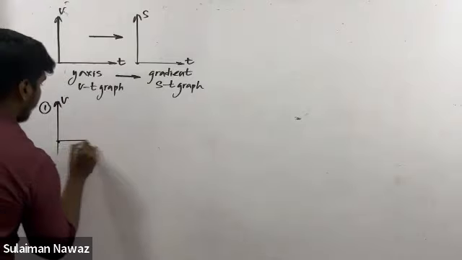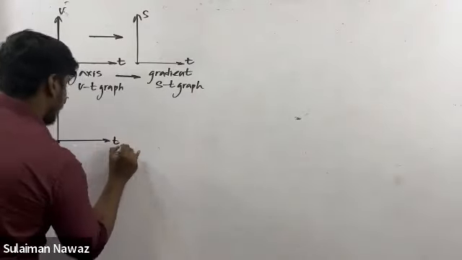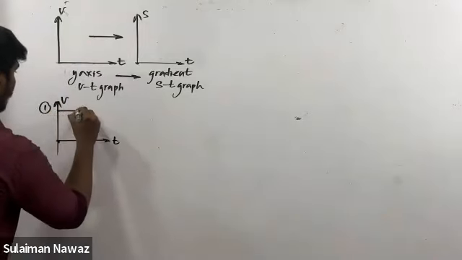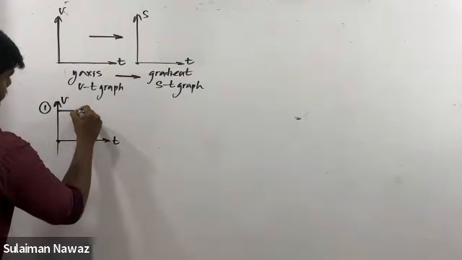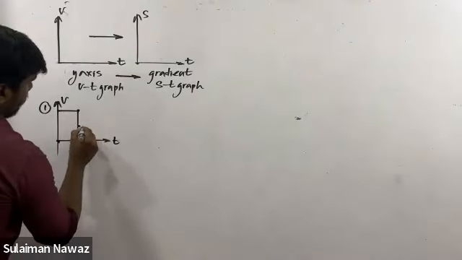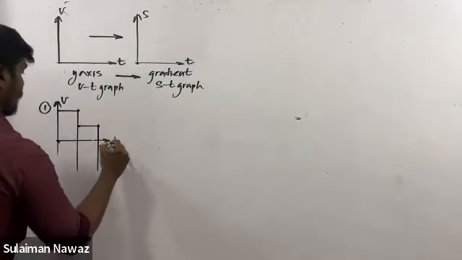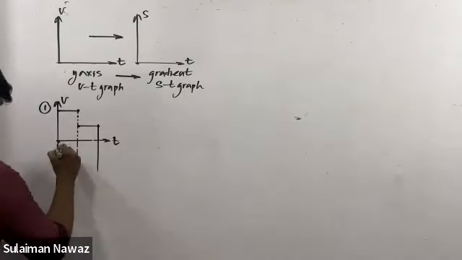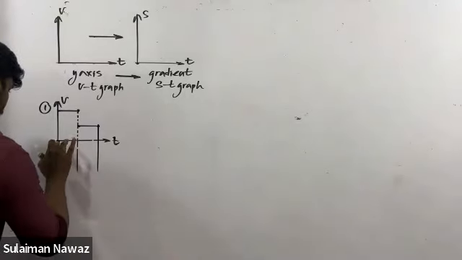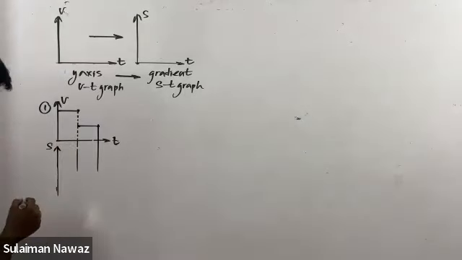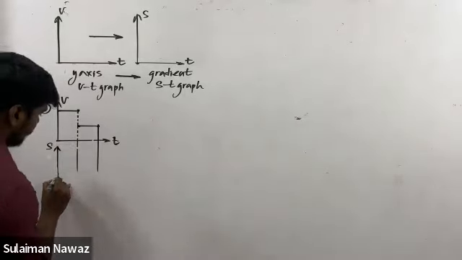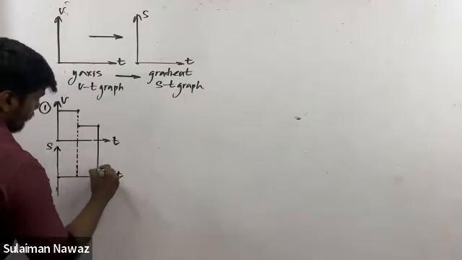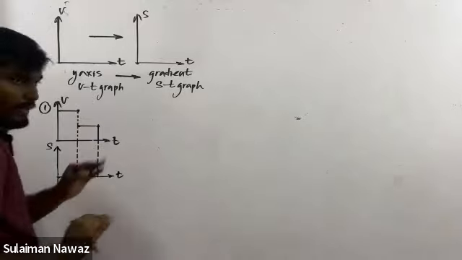VT graphs into ST graphs. Whatever happened to the y-axis?